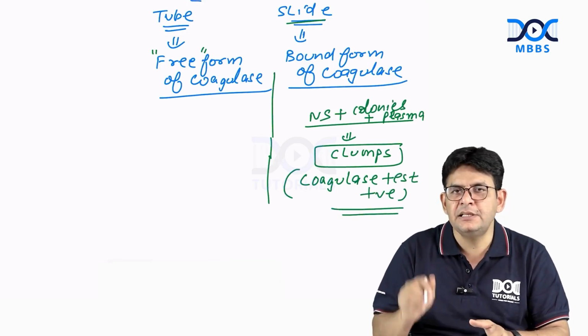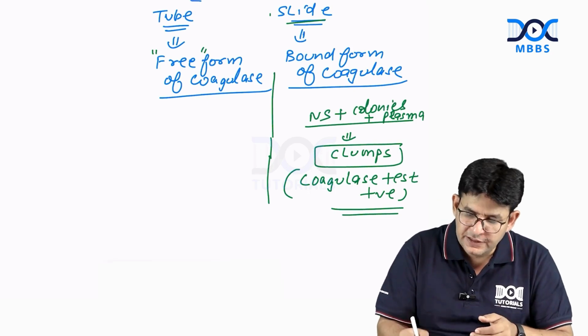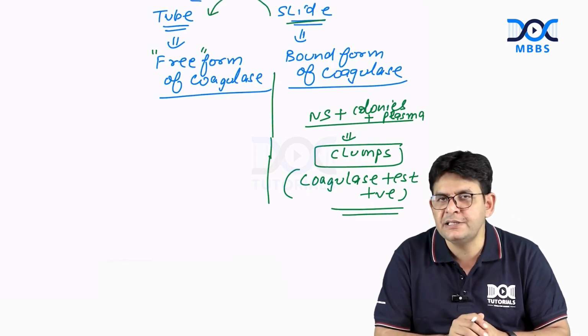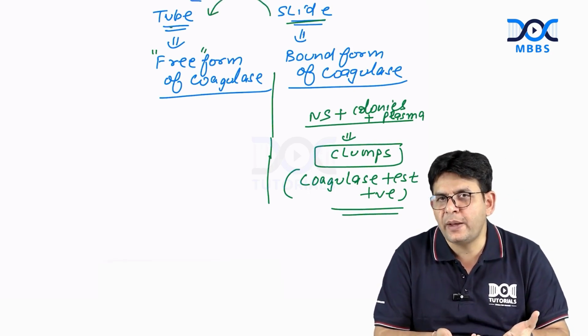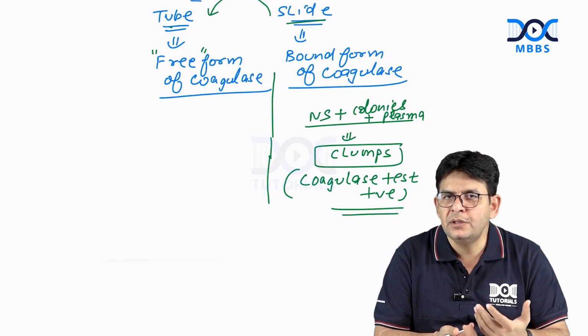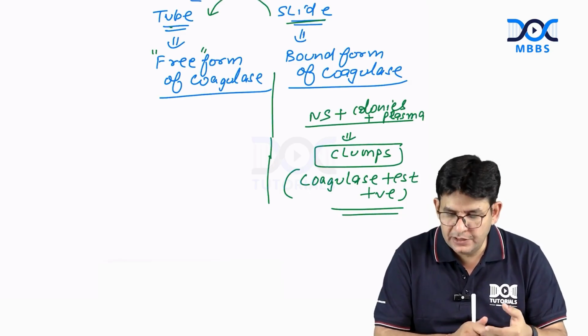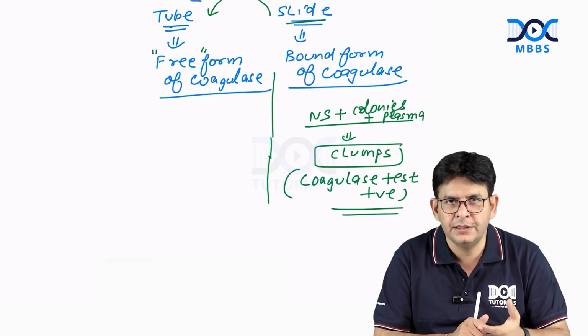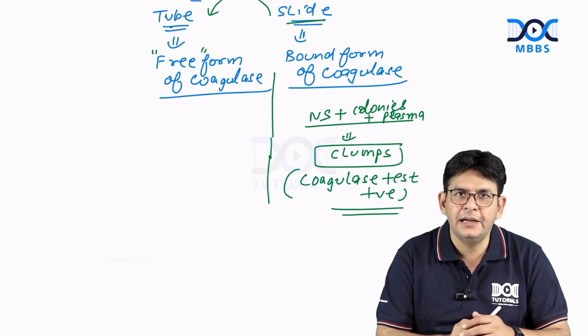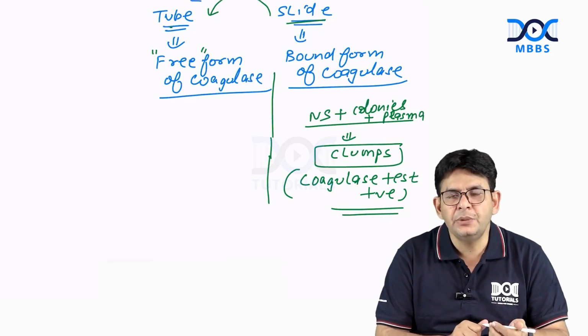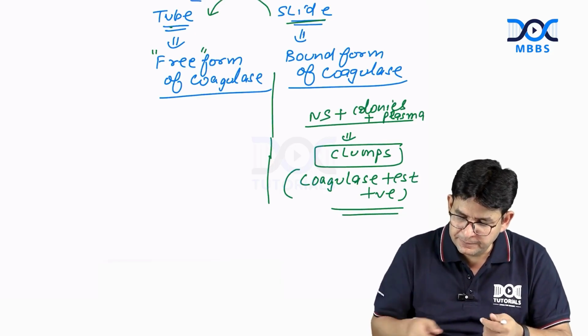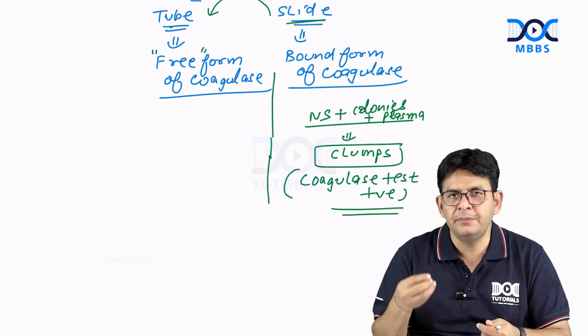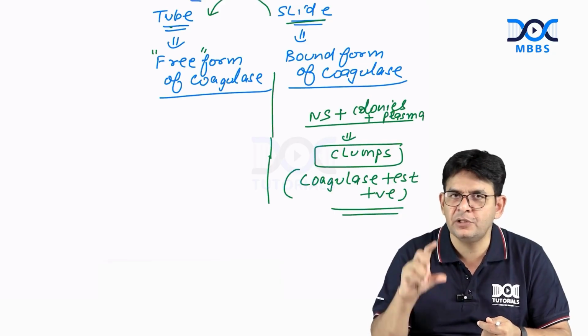And once this slide coagulase test is positive, then you do the confirmatory test termed the tube coagulase test. In that also, the same thing: you have the bacterial broth with you, and in it you add this plasma into the tube.